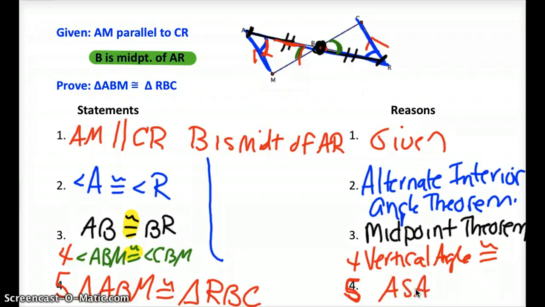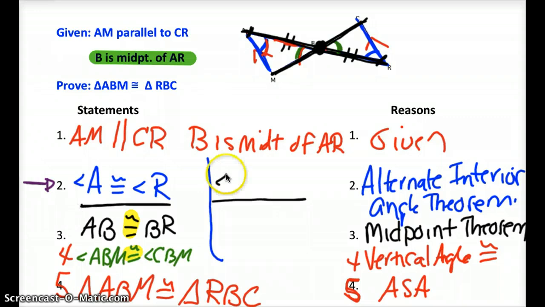Now, I was talking about there being another way to do this proof. Some people back here, when I made the lines be parallel, and I used AR as my transversal, some people maybe were saying, hey, I want to use CM. And you could have used CM as well. And so you could have had 2 things written here in the number 2 spot.